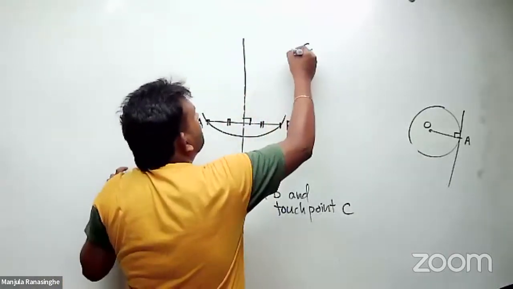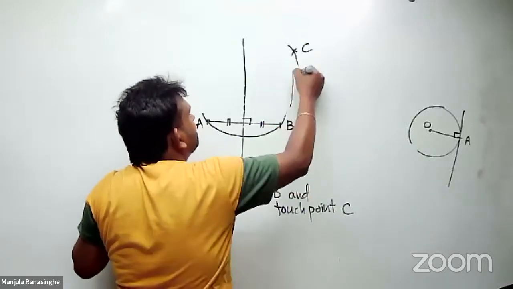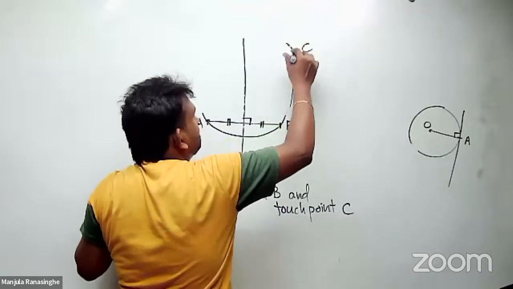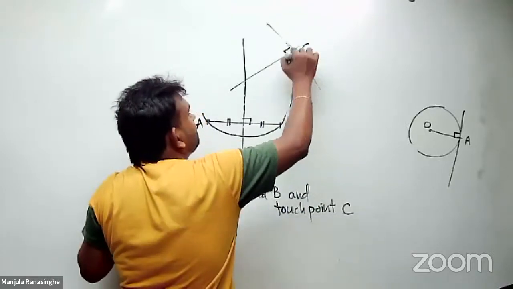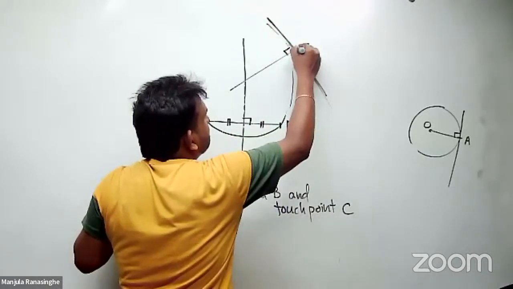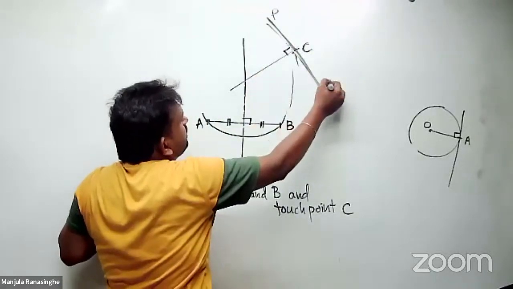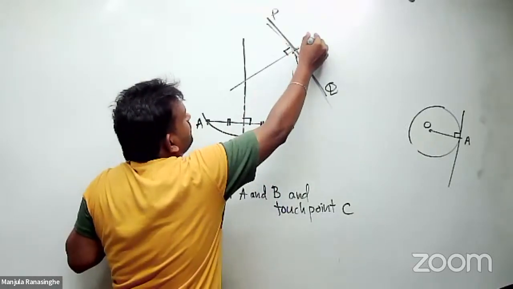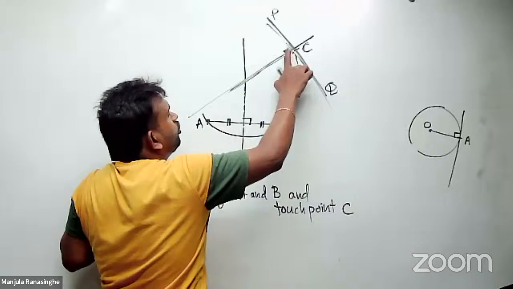If C touches the circle, imagine PQ is a tangent to the circle at C. A tangent means that a 90 degree line drawn to it is always the radius.